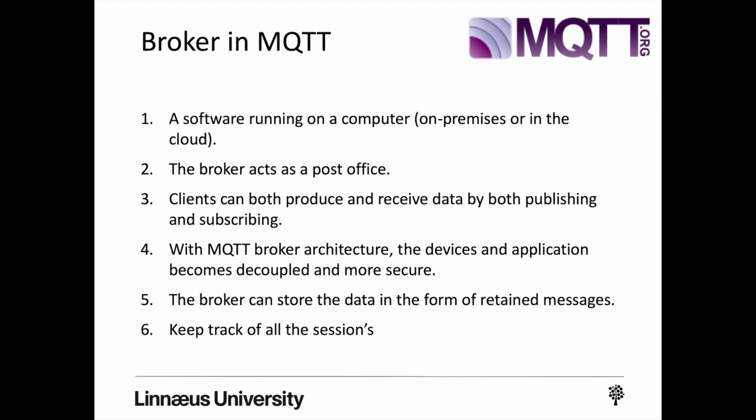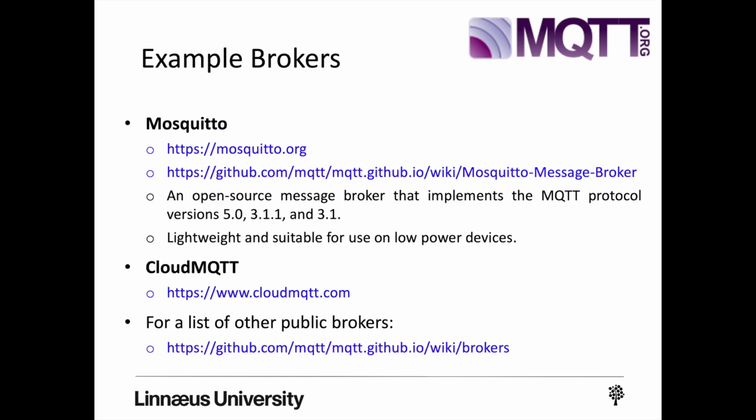Whatever message it receives is stored, so that new subscribers to the topic can get the latest value straight away. The broker also keeps track of all the session information as the devices go on and off, which is known as a persistent session.